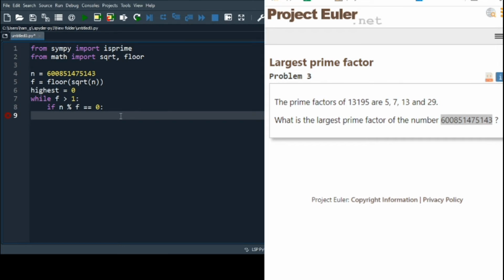Then, if f is a factor of n, we need to find the other half of the pair and test them both for primality.